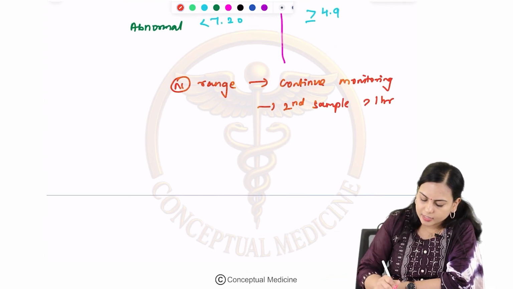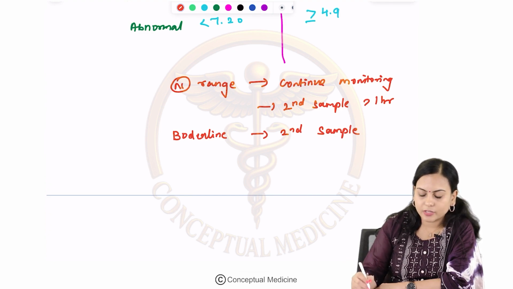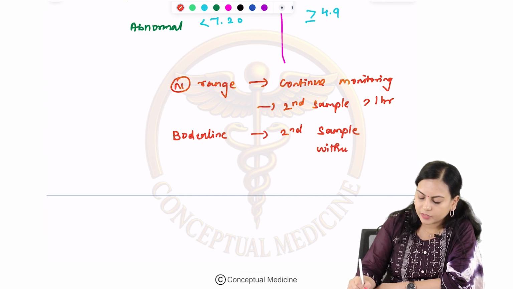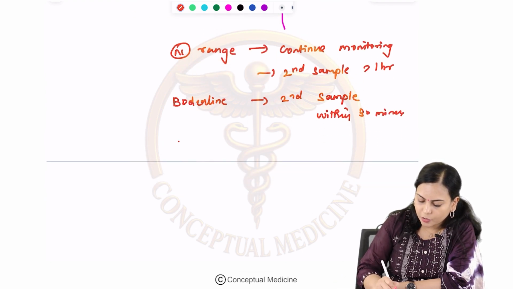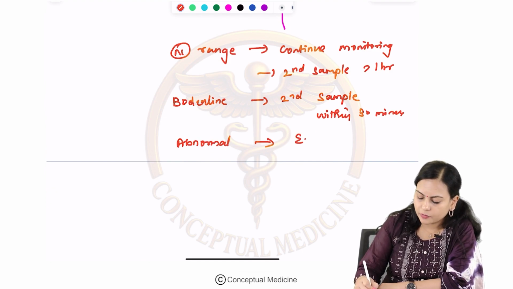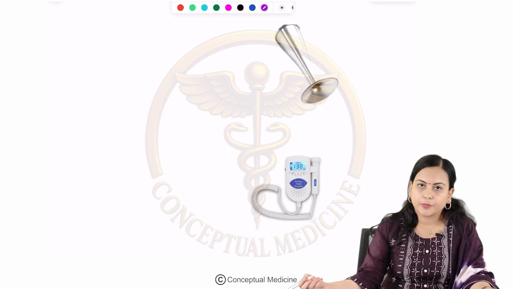And if it is in the borderline range, then definitely you have to take a second sample, but you have to take it much earlier, within 30 minutes. Then if it is in the abnormal range, then definitely you are going to expedite the delivery. Clear? So tell me what these instruments are.